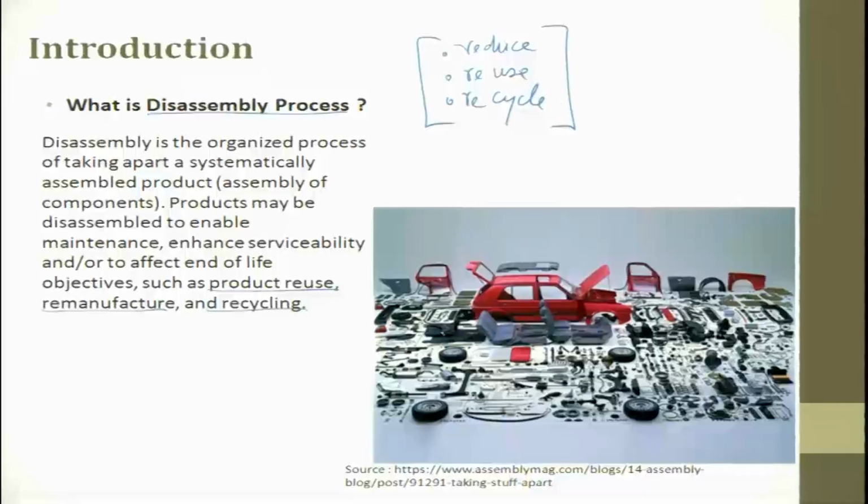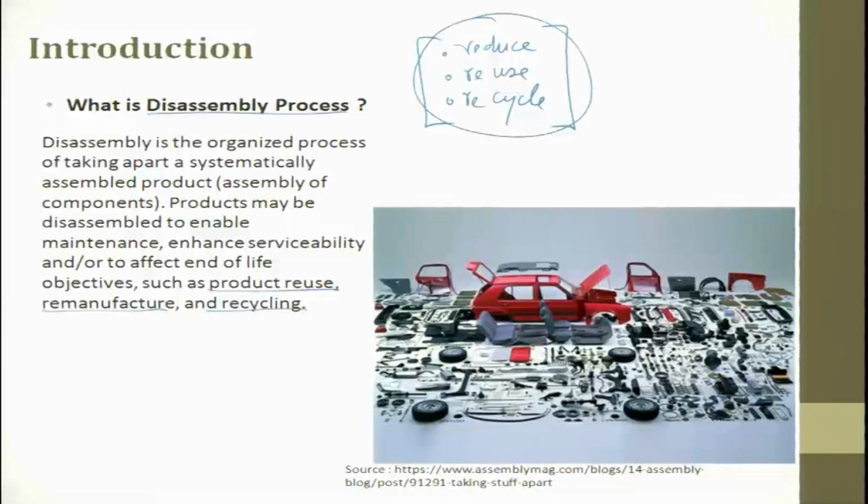Next, you try to reuse the part produced, or if that is not possible, you try to recycle, wherein the chips that come out in manufacturing, or a defective part, is scrapped, recast and then comes back to manufacturing. So, we always have to follow these 3 R's in manufacturing exhaustively. Here, the products may be disassembled to enable maintenance, enhance serviceability and or to affect the end of life objective such as product reuse, remanufacture and recycle. Whatever I have said is given here.